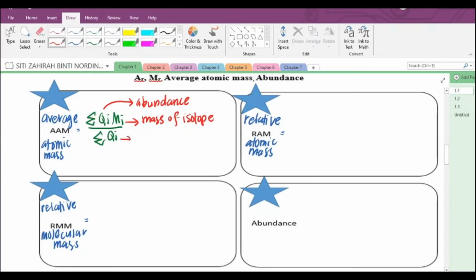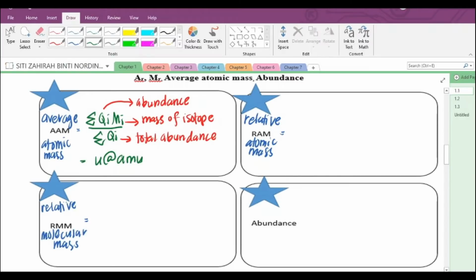And the sum of Q is the total abundance. Average atomic mass has a unit of either U or AMU.